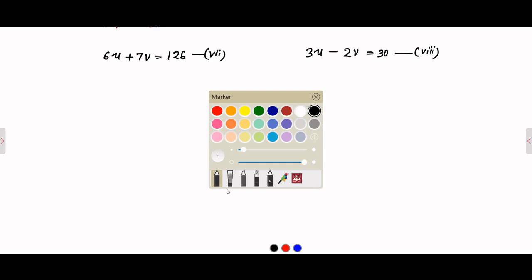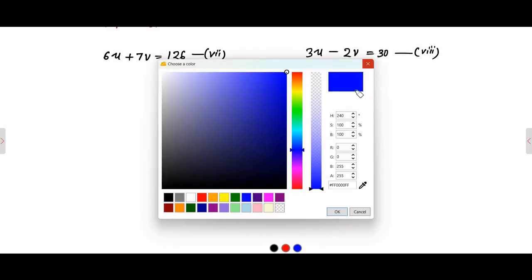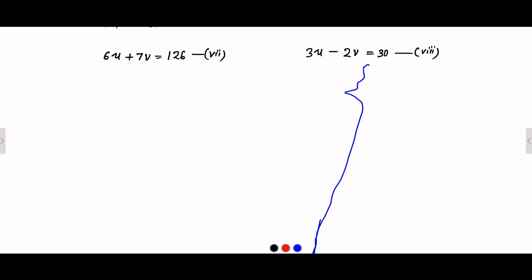So what we have to do is pick one equation and determine the value of one of the variables in terms of the other.